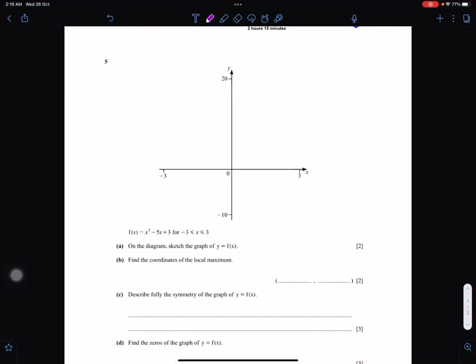Here we saw that (0, 3) was the y-intercept. Then the graph goes down to some minimum point and approaches upwards, and the graph ends at (3, 15).